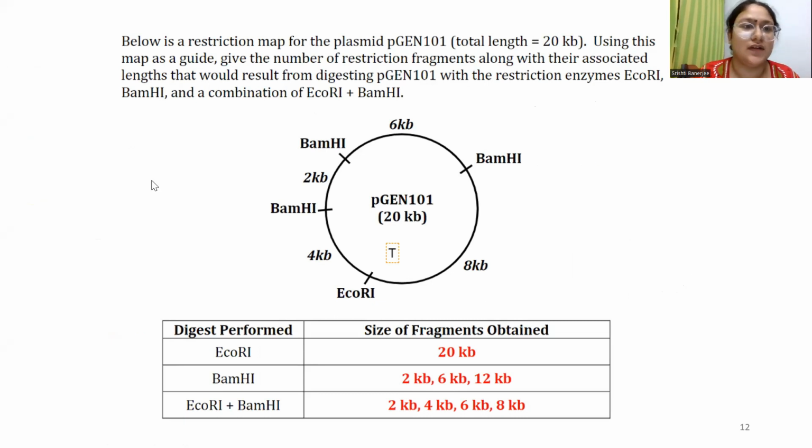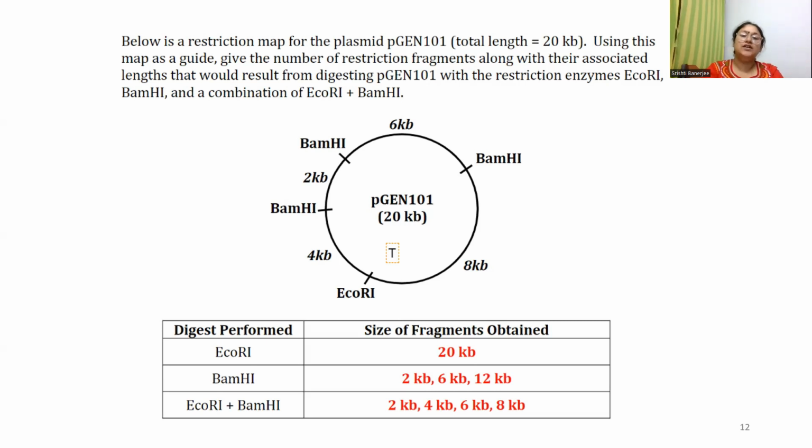I'm extremely sorry. Okay. So this is a question, and the answer is also there. I've just kept it on purpose. So if we see that you have a restriction map, what is a restriction map? You have been given the idea that this is your plasmid, this is the size of the plasmid, and these are your cut sites, where this enzyme can actually cut.